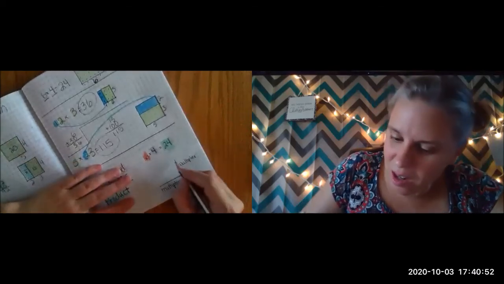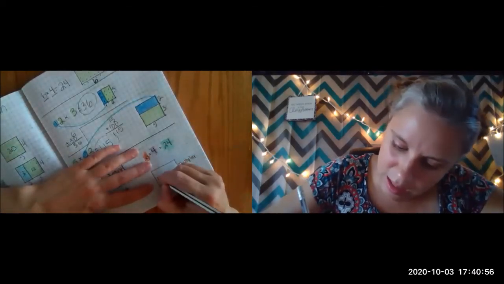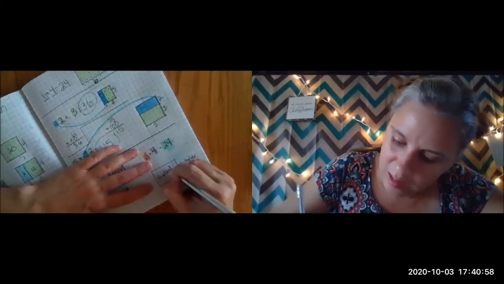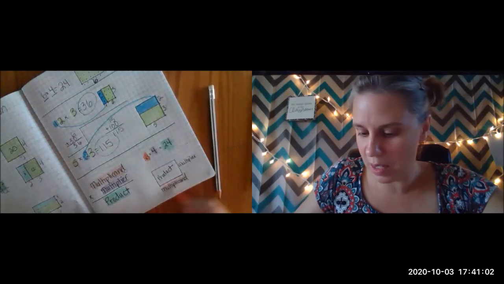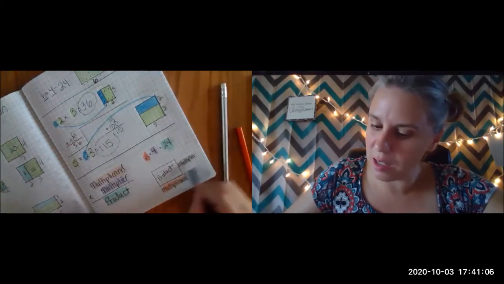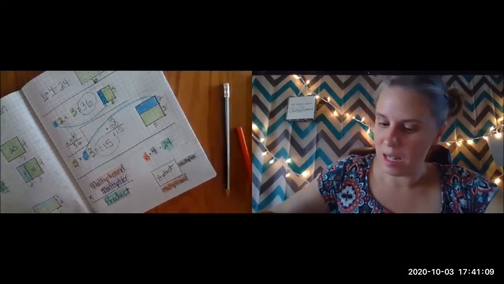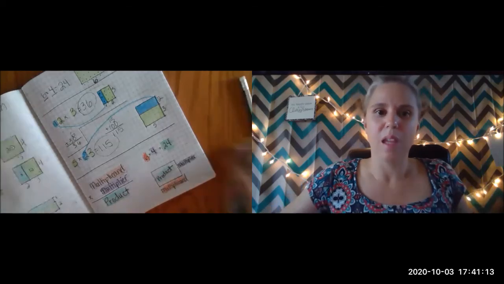And then the answer is what is inside. The product is inside. So I hope that makes sense. The multiplicand is the bottom. The multiplier is your side. And the product is what's inside.